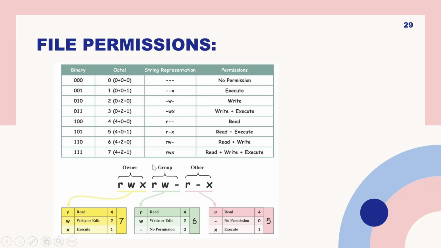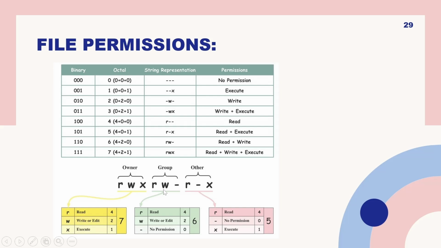The first three are for the owner, the second for the group, and the third for others. The owner has read, write and execute, which in binary is 111, and in octal it is 7.